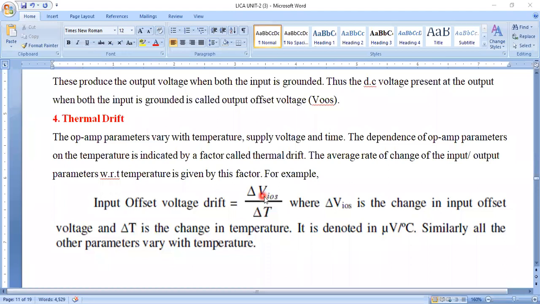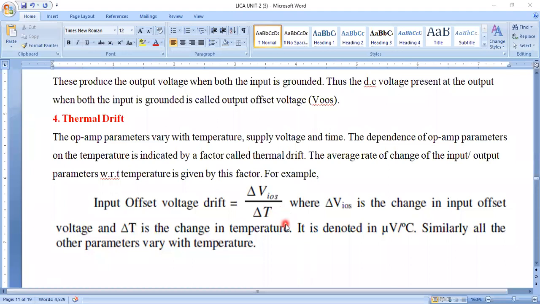The dependency of the parameters of an operational amplifier on temperature is called thermal drift, or temperature drift, or temperature effect. That means the average rate of change of input at which the output also changes, with respect to change in temperature, is called temperature drift.